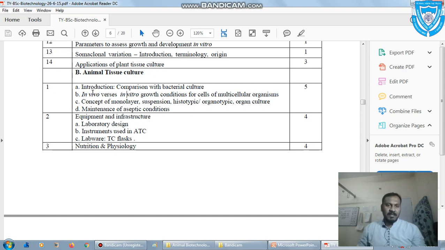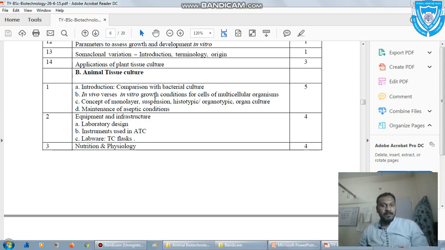Then in the second part, in vivo versus in vitro growth condition for cells of multicellular organisms. In vivo means in the animal or inside the living organism, and in vitro means inside the laboratory.